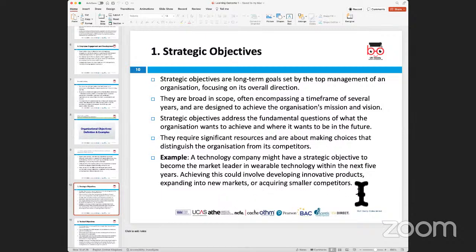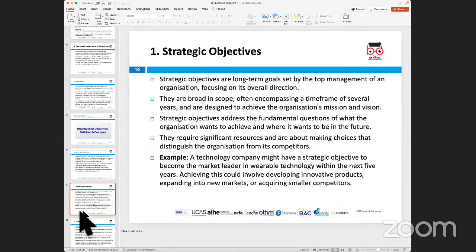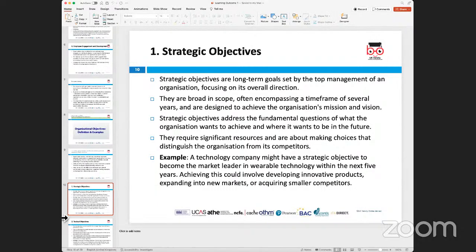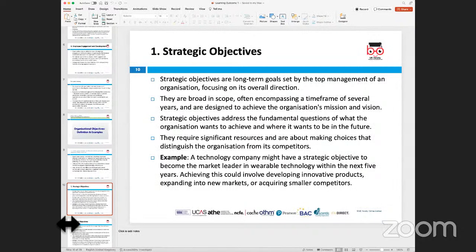These objectives tend to be broad, long-term aims that define the desired future state of the organization. What would the company or the business be doing in 5 years? How would you see your company and your business doing in 3 years, 5 years, 10 years, from the start?